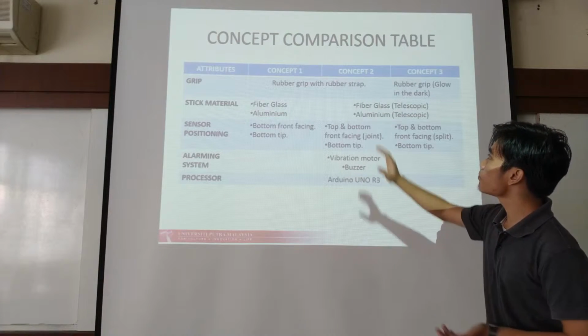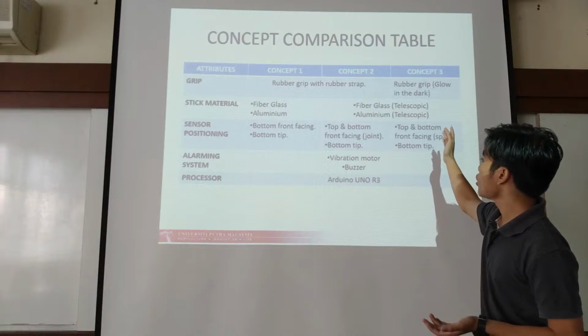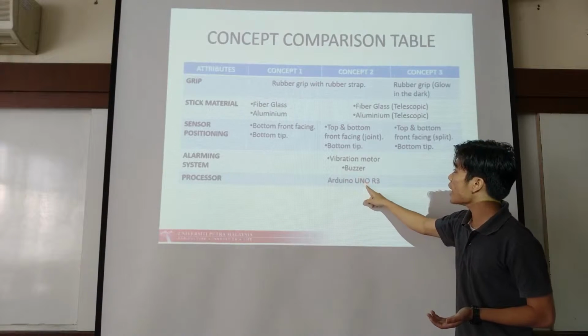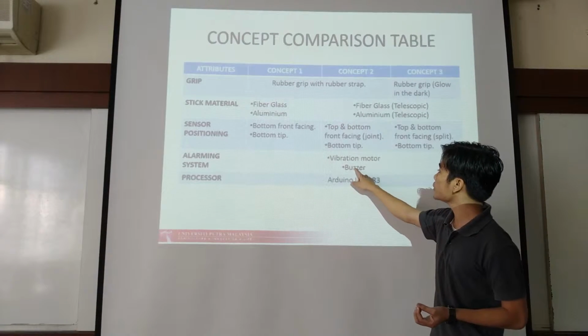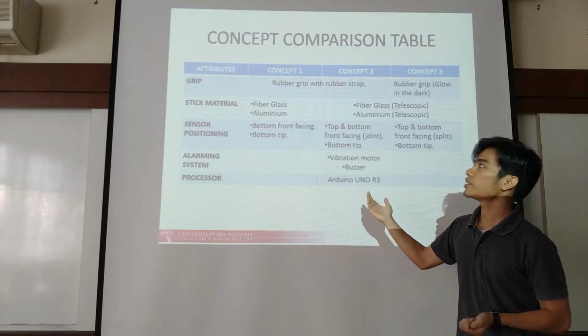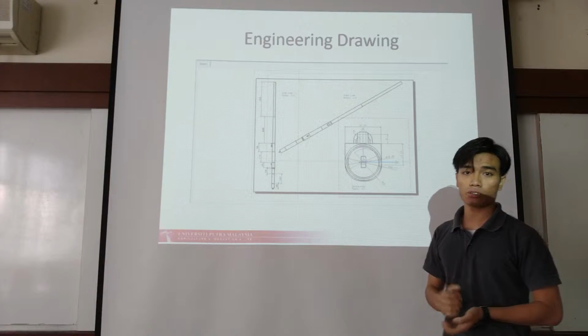As you can see, this is the difference between concept 1, concept 2, and concept 3. Concept 2 uses Arduino as the processor, and the outputs are a buzzer and a vibration motor. Next, this is the engineering drawing for design 2.